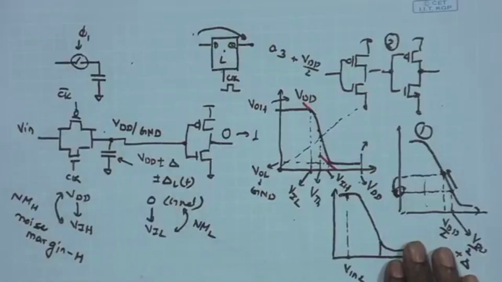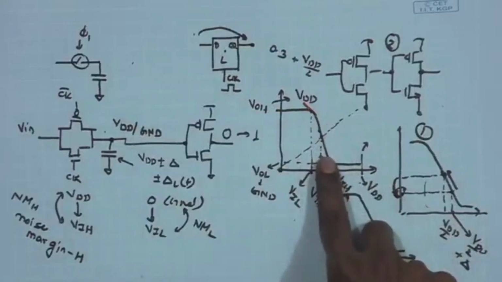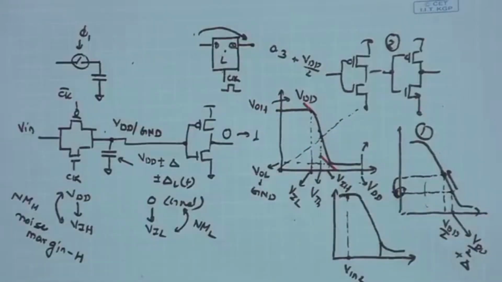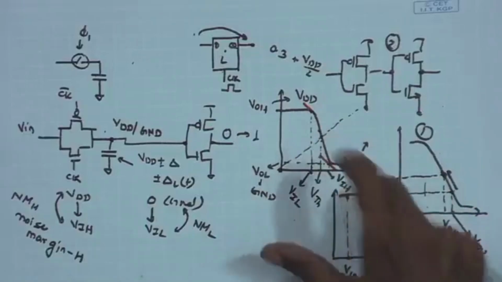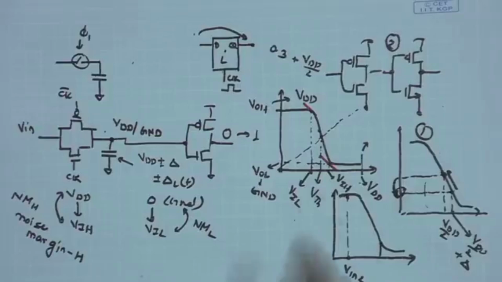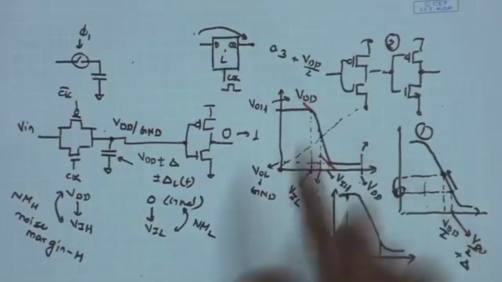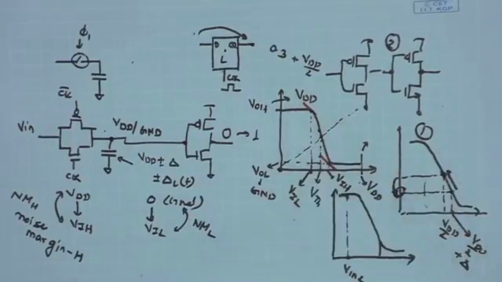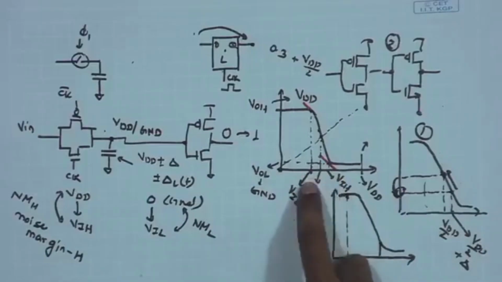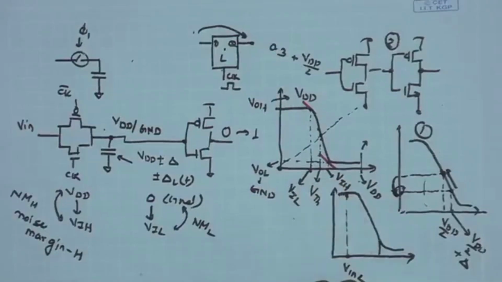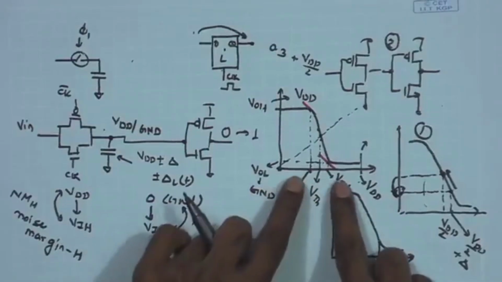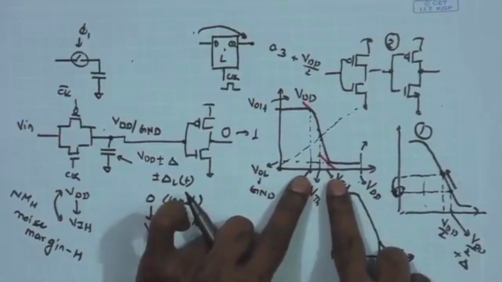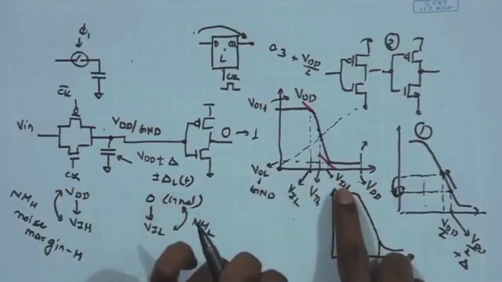And in general, if you do the transistor sizing properly, this region can be made sharp in an inverter. It depends upon several factors, the sizes of the transistors as well as the load capacitance, etc. But in general, this slope region can be pretty sharp, and these two will be located close to VDD, and as a result the noise margin, best case noise margin, can be seen as VDD by 2.